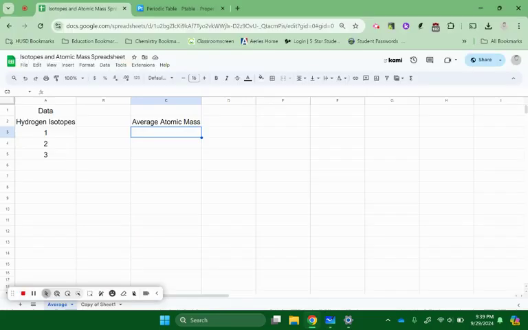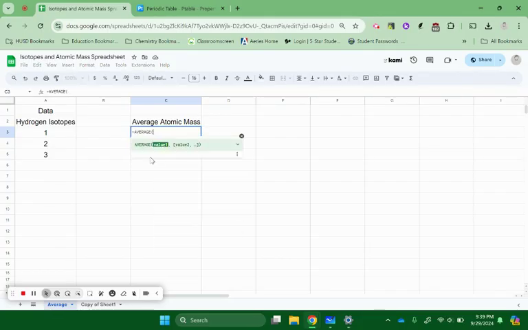Okay, let's switch to my spreadsheet right here. So on this spreadsheet, I've got the three isotopes of hydrogen. Okay, I've got hydrogen 1, hydrogen 2, hydrogen 3. Now, if I just take the average of this, I'm going to do it the same way I showed all of you. Hit the equals sign, start typing the word average.